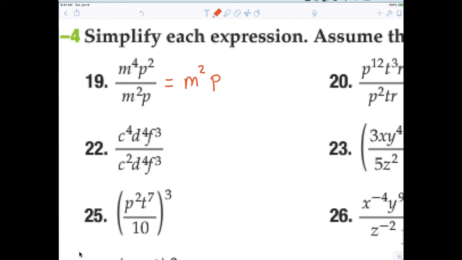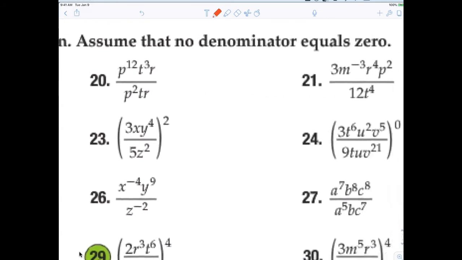Cole, look up. What did I do to the exponents on number 19 to get that? That's right. That's all it is. Very good. You're in the game already. You're ahead of some kids in here already. All right. M squared P. You good with that? All right, here we go.